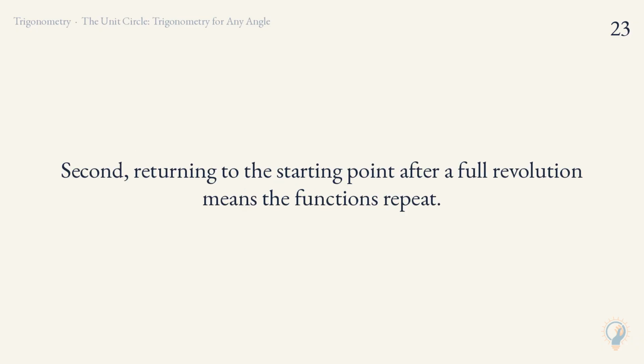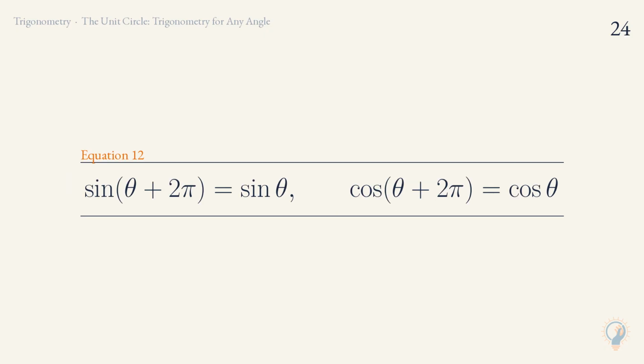Second, returning to the starting point after a full revolution means the functions repeat. Equation 12. The periodicity identities, sine of theta plus 2 pi equals sine of theta. Cosine of theta plus 2 pi equals cosine of theta.